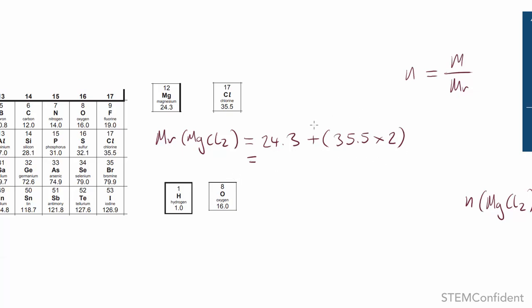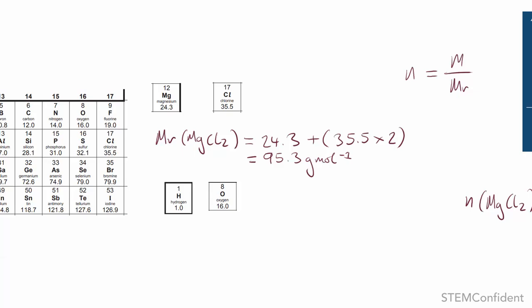And if you go through the process of working it out, what you should find is you get 95.3, and the units are going to be grams per mole.